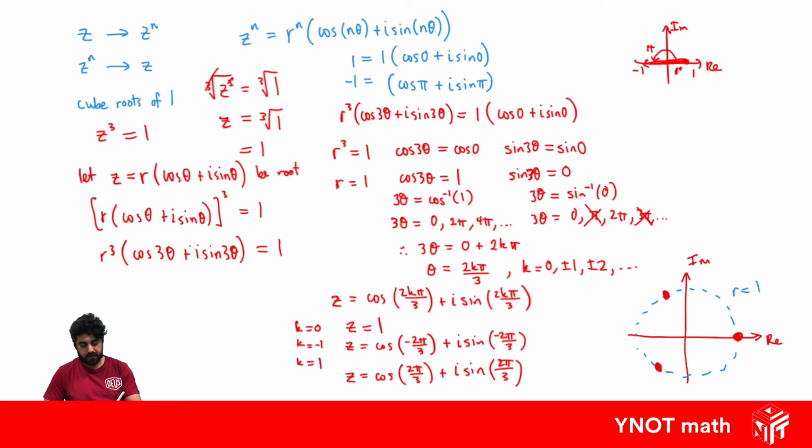So 2 pi on 3 in degrees is 120. So if we draw these out, we get 2 pi on 3, minus 2 pi on 3, and this angle in between here is actually also equal to 2 pi on 3. So it turns out that the roots are perfectly evenly spaced with each other on an Argand diagram, and they're a distance from the origin equal to r.